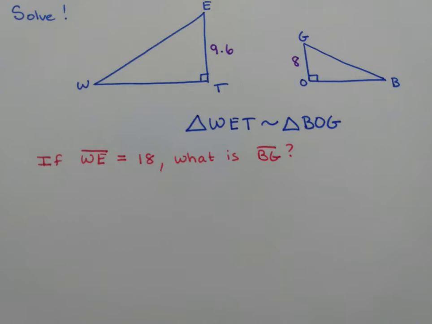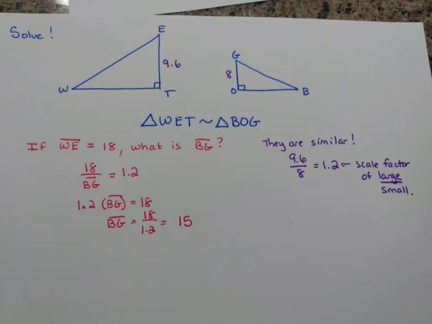Well, turns out that if these are similar, then I know over here that 9.6 compared to 8 makes a ratio. That ratio of 1.2 is the scale factor of large compared to small.